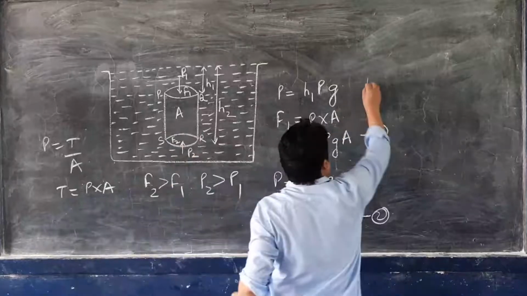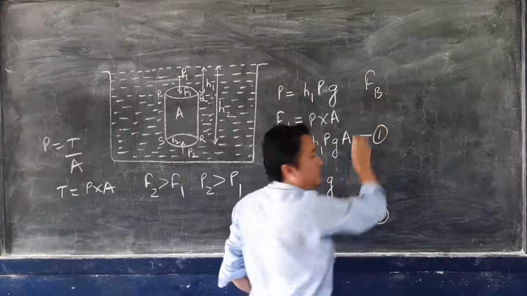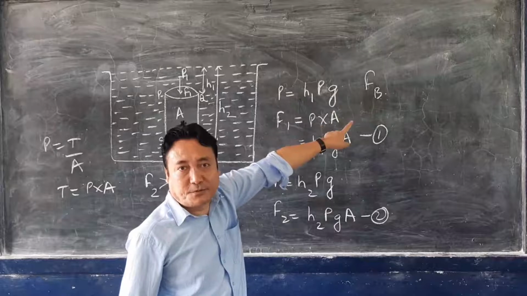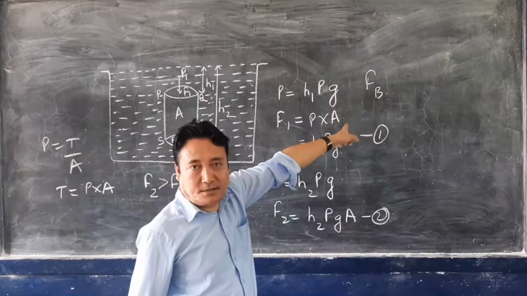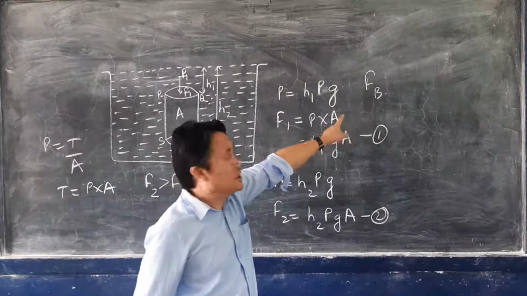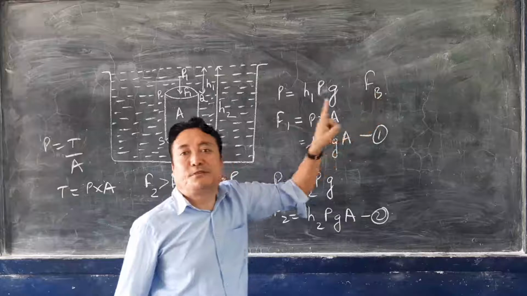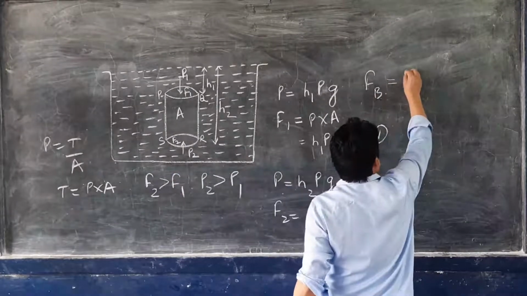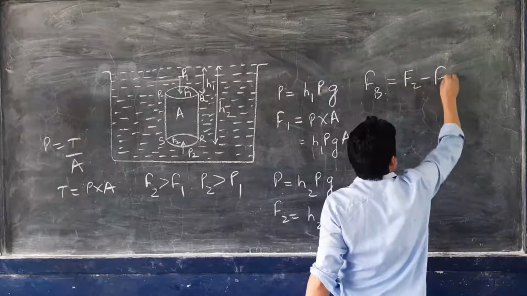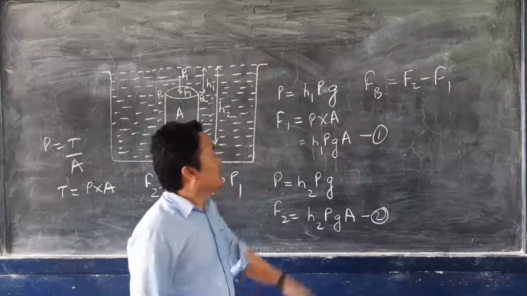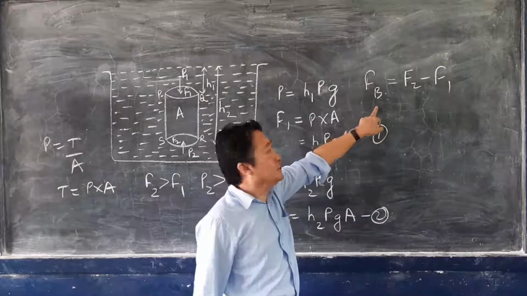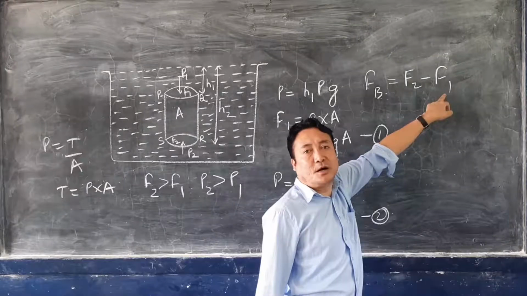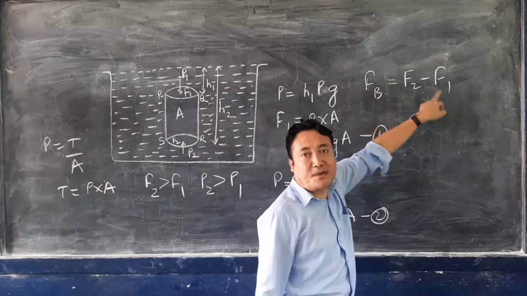We have considered here FB as the buoyant force, or the upthrust, or the upward force. So the resultant upward force FB equals F2 minus F1. You will subtract F2 minus F1.